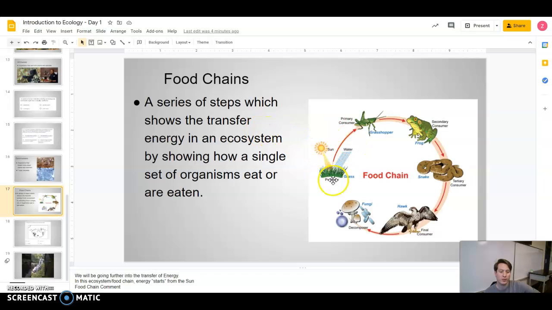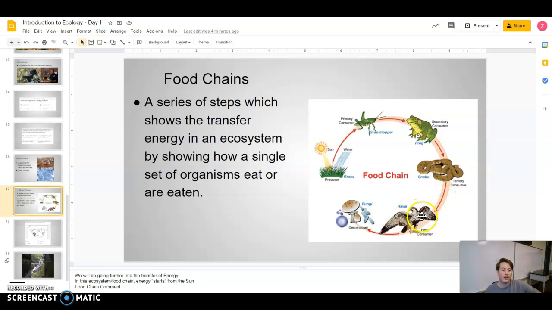We start off with the sun. The producer, grass, is eaten by the grasshopper. The grasshopper is the primary consumer, but then the grasshopper is eaten by the frog. The frog is the secondary consumer, but then it goes up again, and the tertiary, or third consumer, the snake, eats the frog, but it doesn't stop there.